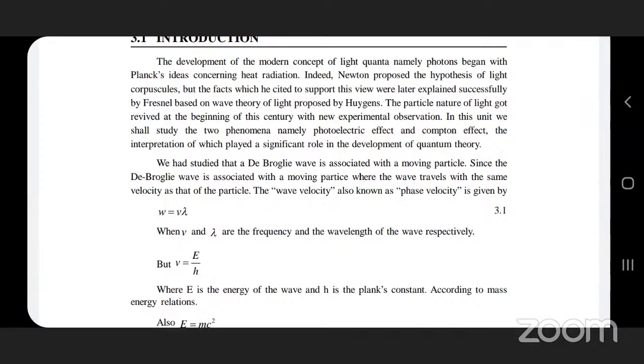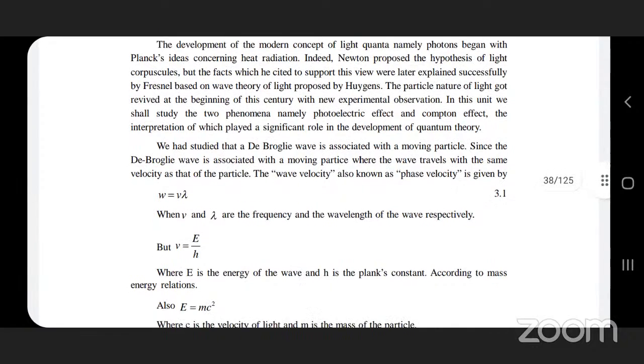So the de Broglie wave, which is associated with the moving particle, travels with the same velocity as that of the particle. This wave velocity is also known as phase velocity. So that is to be noted here. w equals v lambda, that is nu lambda, where nu and lambda are the frequency and wavelength of the wave.